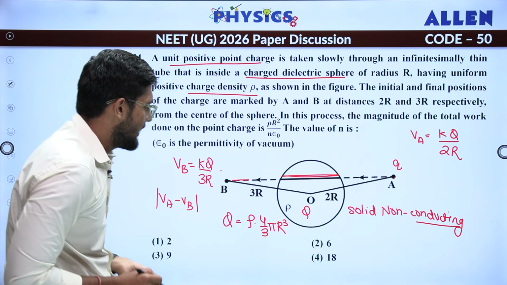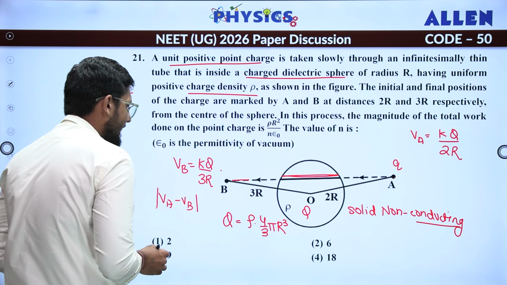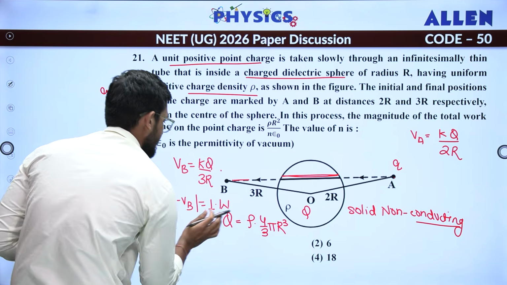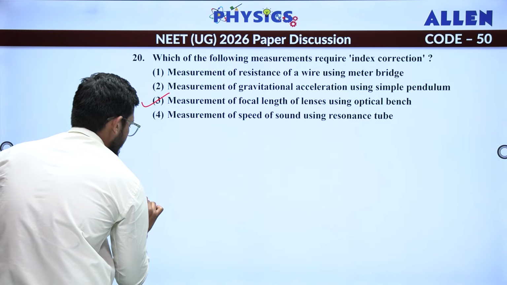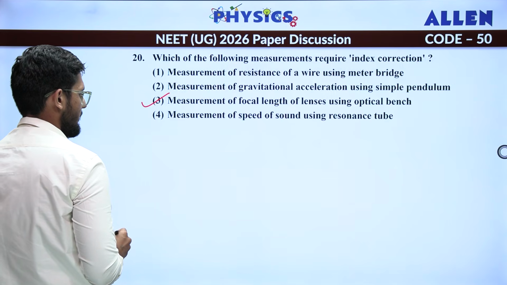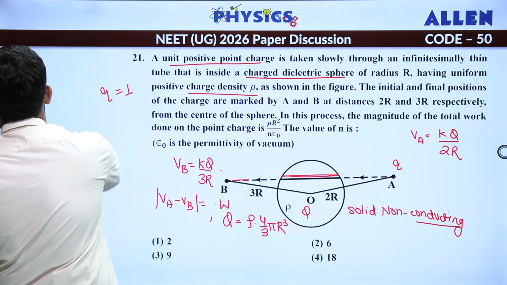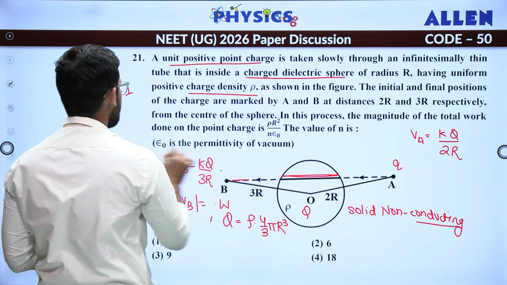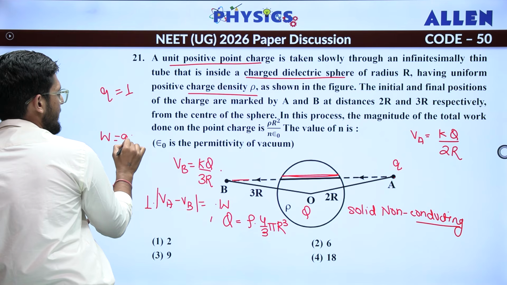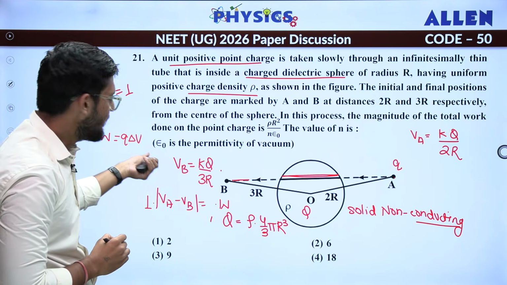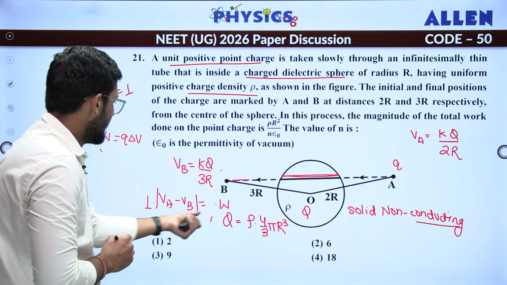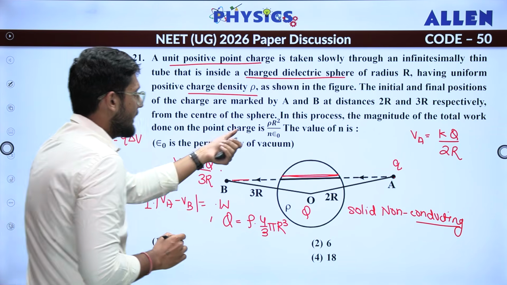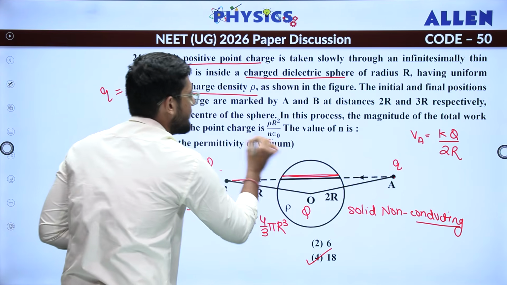So VA minus VB will be equal to 1 into the work done, because work done is Q times delta V, the change in potential times the charge. So we use that and we can write down the value. If you write down that value, you'll get 18 as the value of N.